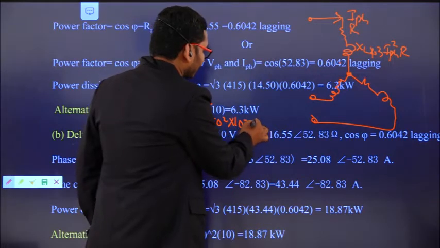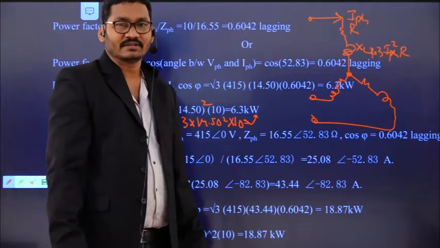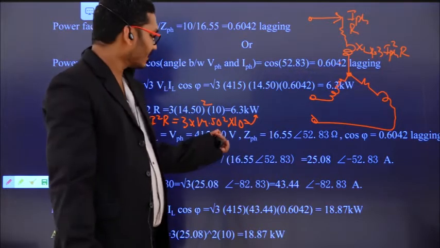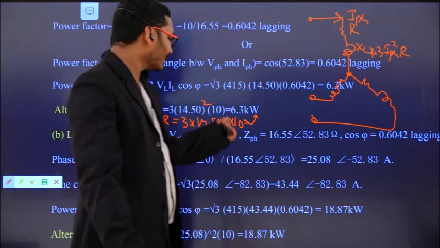Finally you will get the same answer. So you may find the power dissipated by the circuit like this also. Maybe you can go for this method, maybe you can go for the other method.